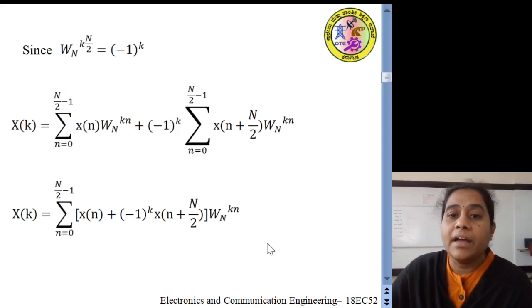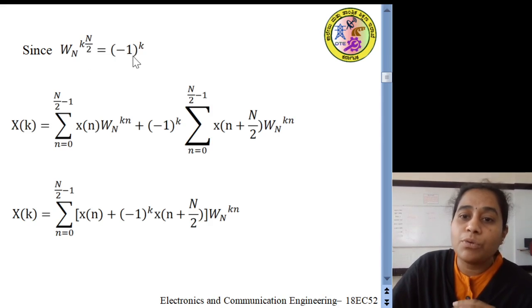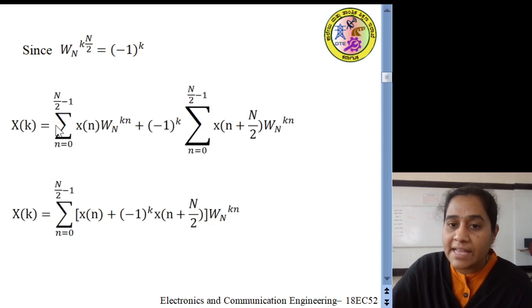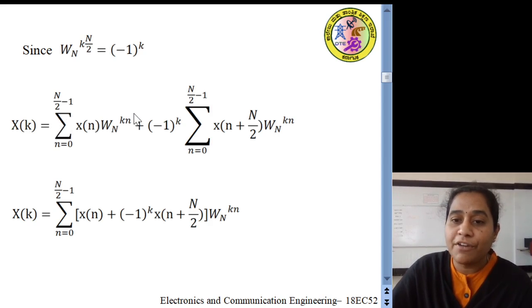As we know, WN raised to the power of kN by 2 is equal to (-1) raised to the power of k, as WN raised to the power of N by 2 is -1. So using this property, we can represent X of k as summation n varying from 0 to N by 2 minus 1, x of n into WN raised to the power of kn, plus (-1) raised to the power of k into summation n varying from 0 to N by 2 minus 1, x of n plus N by 2 into WN raised to the power of kn.